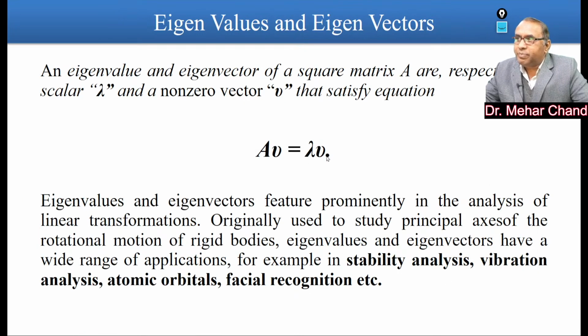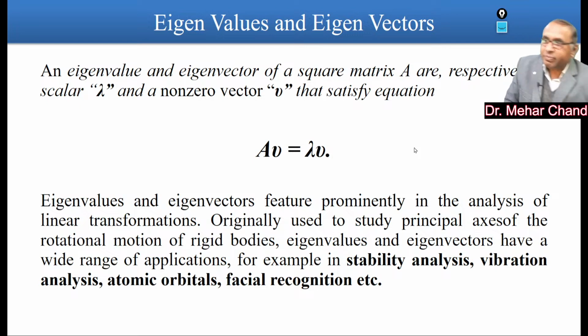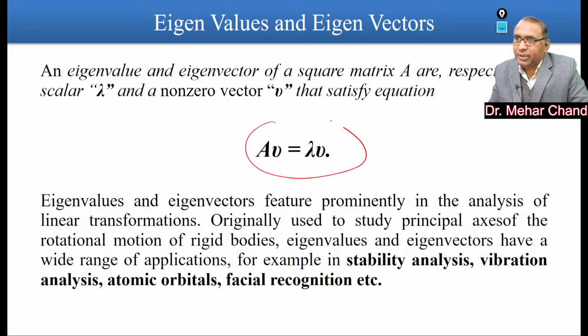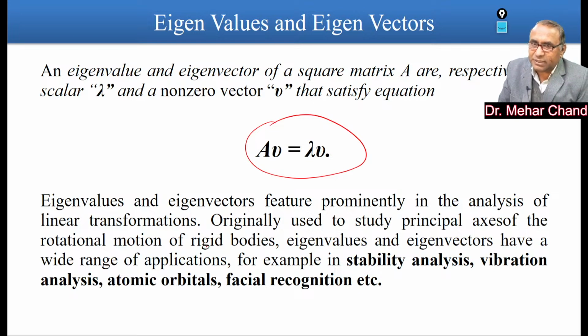Now, eigenvalues and eigenvectors, all of you are very familiar with these. Eigenvalues and eigenvectors of a square matrix A are respectively scalar lambda and non-zero vector V. They satisfy the condition AV is equal to lambda V. Eigenvalues and eigenvectors feature prominently in the analysis of linear transformations, originally used to study principal axes of rotation and motion of rigid bodies.